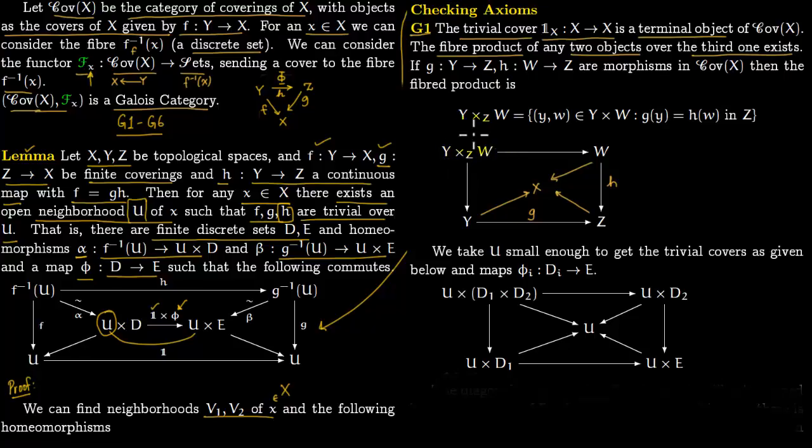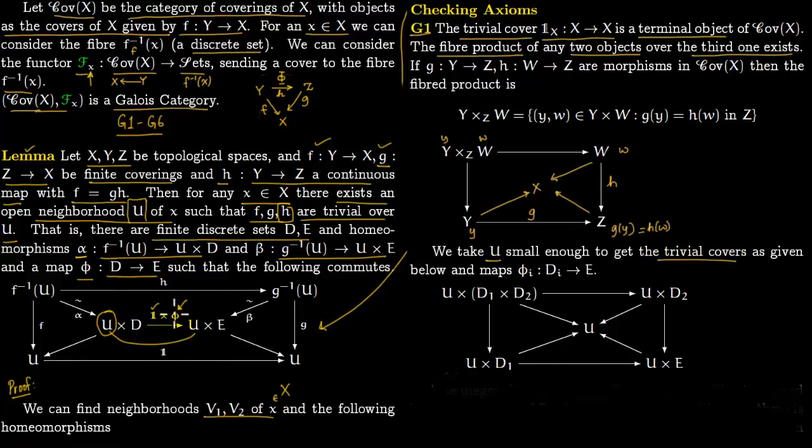So just the definition of the fiber product is this y and w, such that this y goes from here to here, becomes g of y, and this w goes from here to here, and then you apply h to it. They should be equal. So this diagram should make sense. So obviously you have map between covering spaces here, and these maps make sense from the lemma. So you take u small enough to get trivial covers, as given in the lemma.